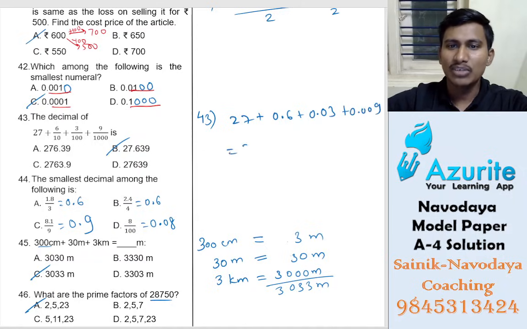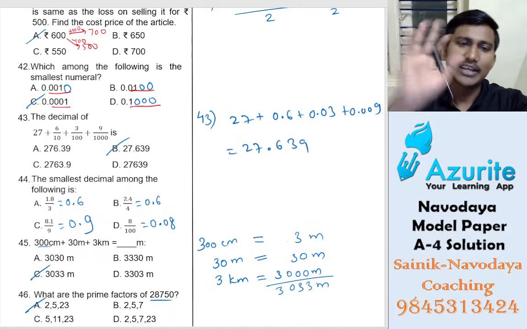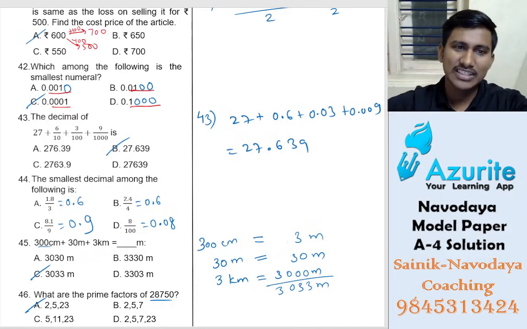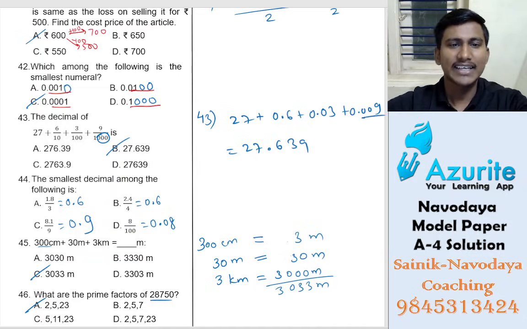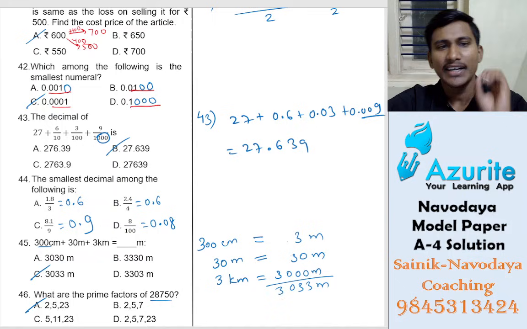So if you add them all, 27.639 will be the answer. That is how you have to do. That is 9 by 1000, that is 0.009. 3 zeros means 3 decimal places, right? Like that. Okay, so if you add it, you will get the answer.